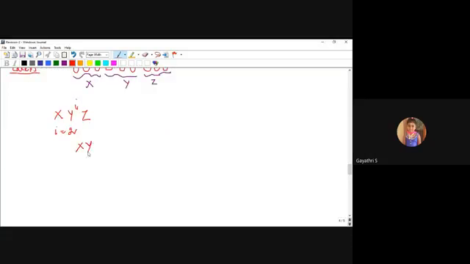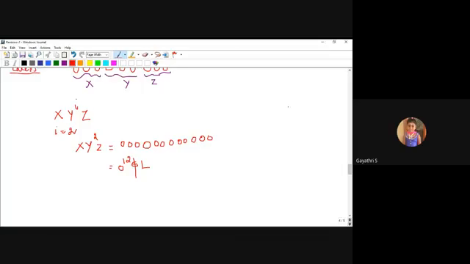So X Y square Z. What is X? 3 times 0. Y square: what is Y? 3 times 0, again 3 times 0. What is Z? Again 3 times 0. So actually this is in the form of 0 power 12, which is not present in the format of this language. Actually this language is in the form of 0 power 4, 0 power 9, 0 power 16. So like that.